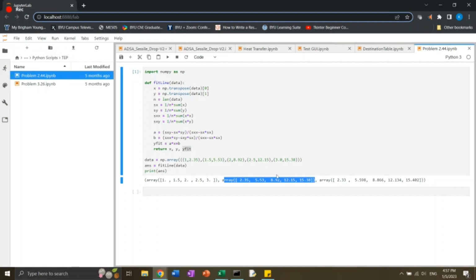Yep, that matches. That's all of our y's right there. And then this is our y fit. And that is one way to write the function that they asked for in problem number 2.44.